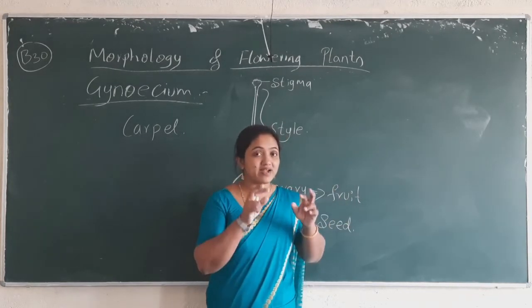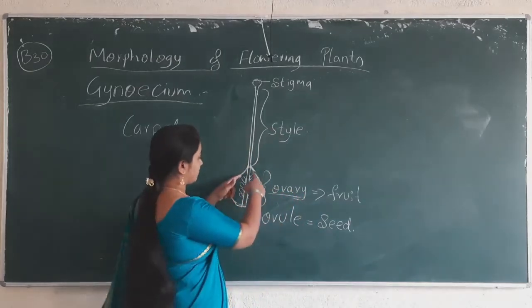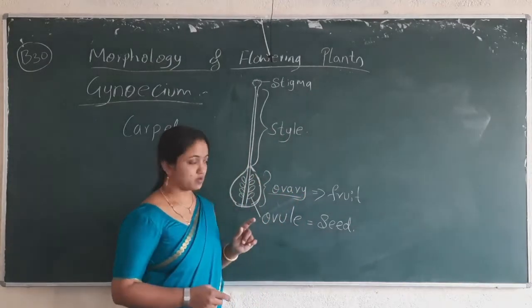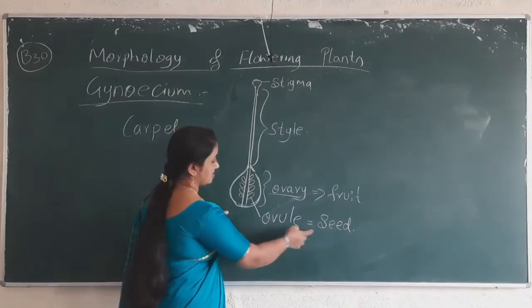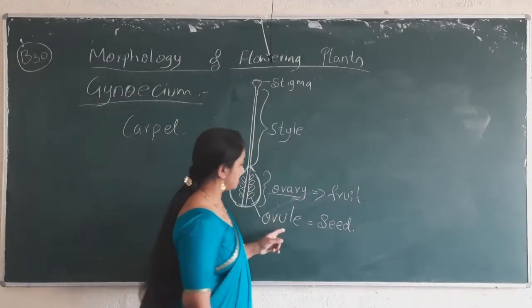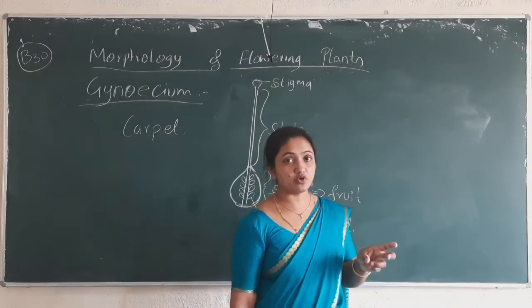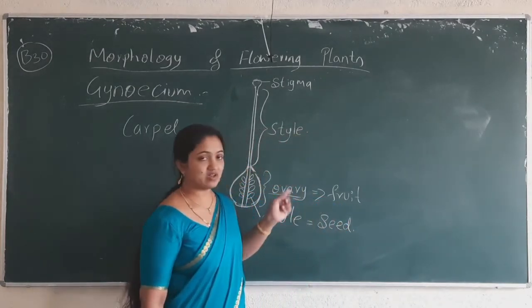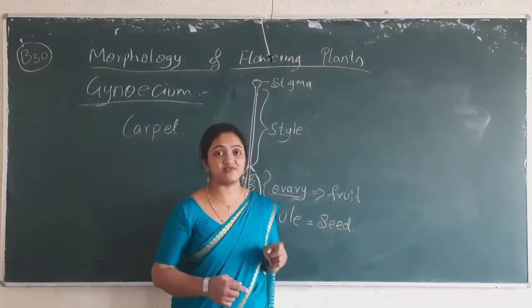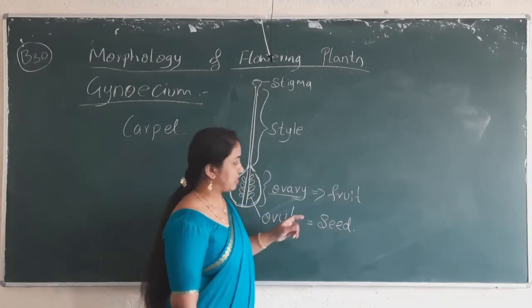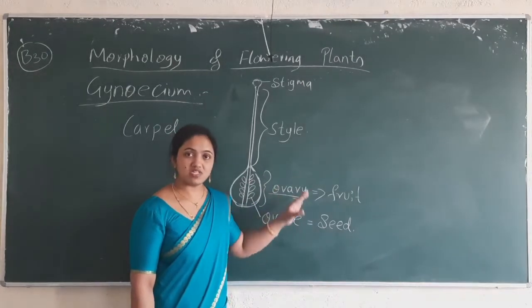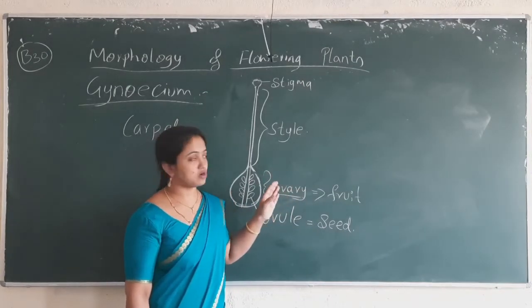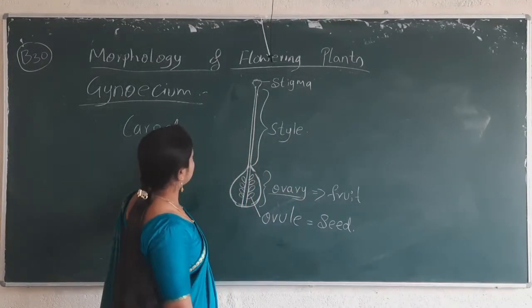That fleshy part is the wall of the ovary. The hard part of the fruit is the seed. The seed consists of embryo and endosperm. That we will study in the next class, class 12. Not now. Now you have to understand only the basic concept, only the structure of the gynoecium or carpel.